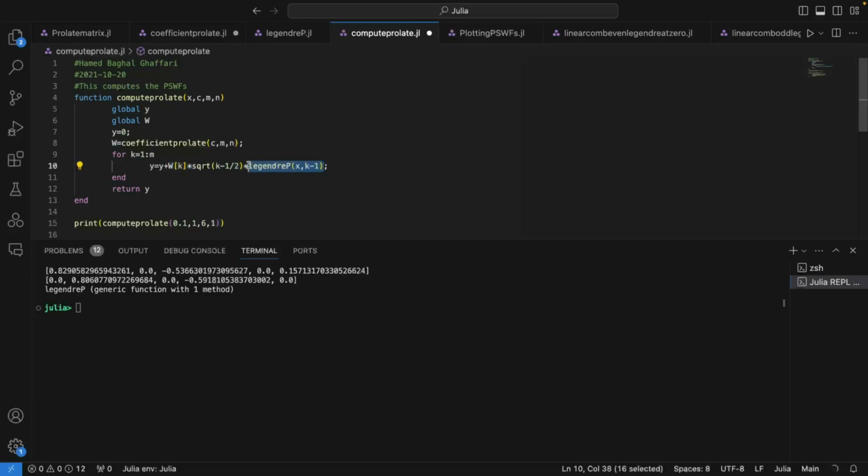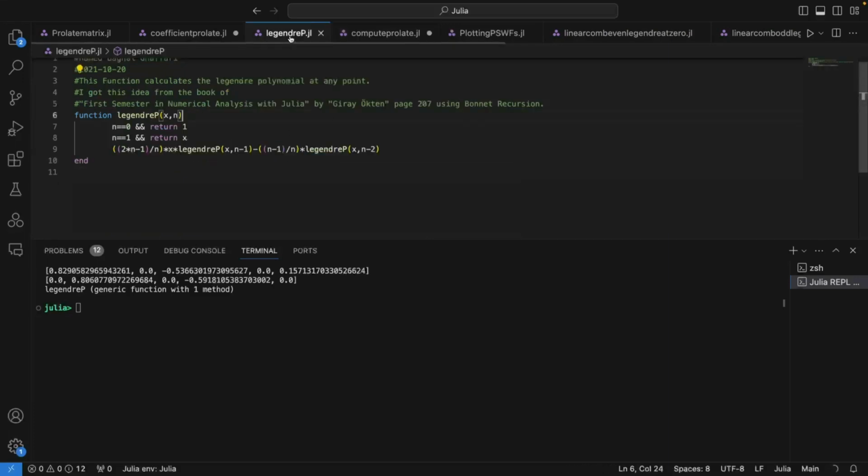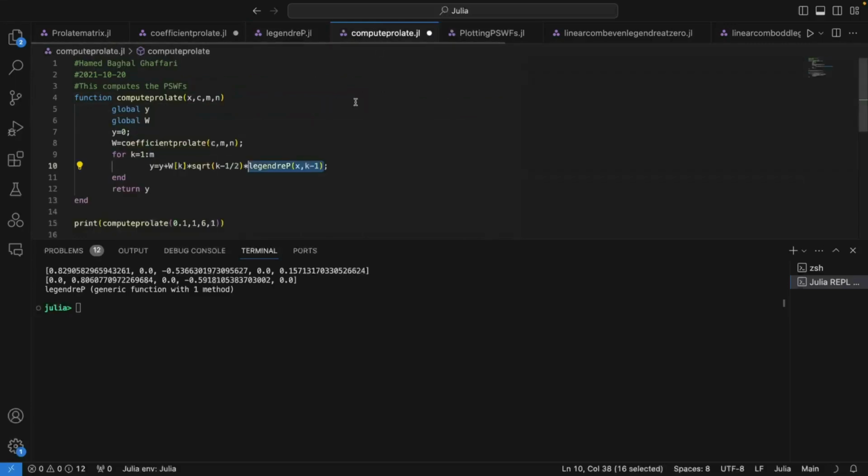This Legendre polynomial is the non-normalized version. To normalize the Legendre polynomials, we have to multiply the Legendre polynomial by the square root of (k minus 1 over 2), where k is the order of the Legendre polynomial. Now here is wk, the first eigenvector.